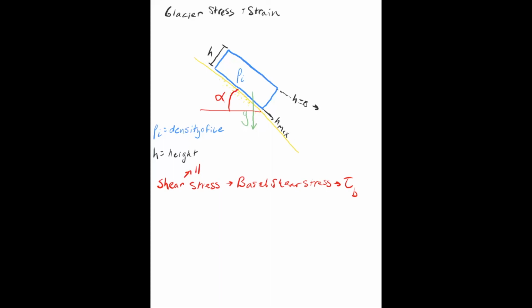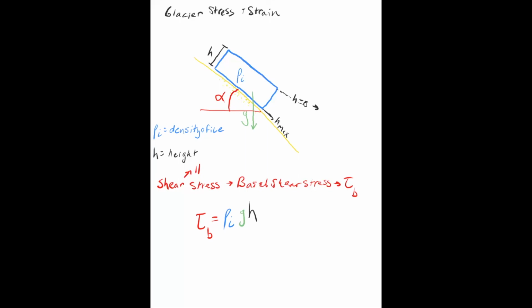And so for our basal shear stress, tau basal, it's going to be pretty much the same as our normal stress, but it's going to take into account this angle because now we're thinking of what's going on parallel to the bed. So it's going to be rho I times gravity, all of which is just what we had before, times h.